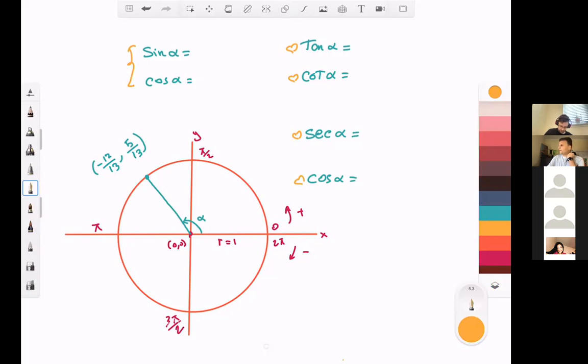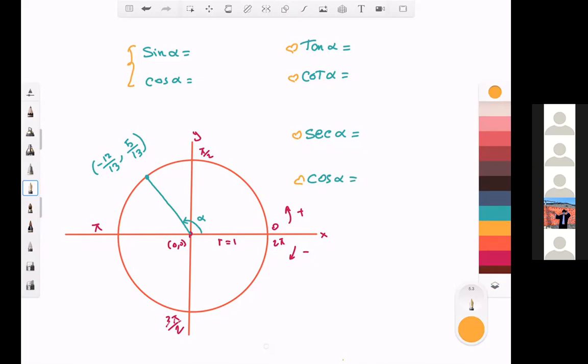Noor, what do you think sine of alpha will be? Is it 12/13? Almost.